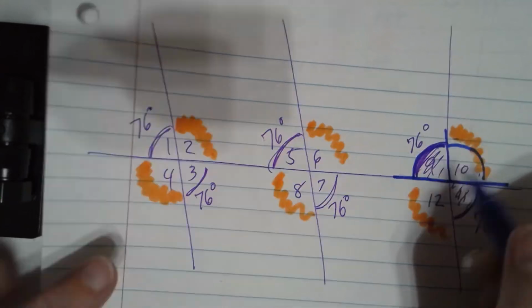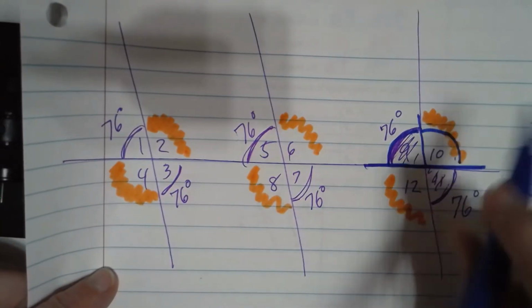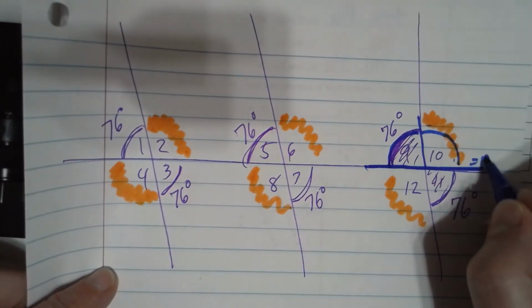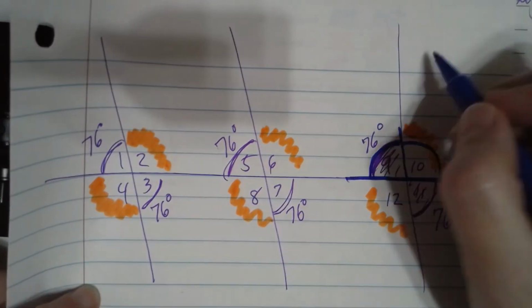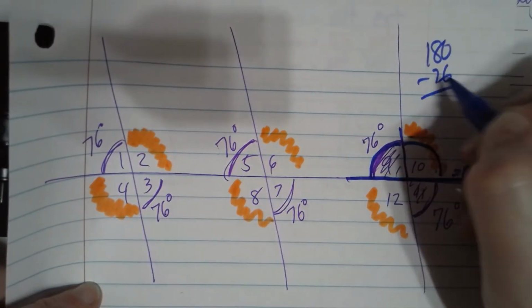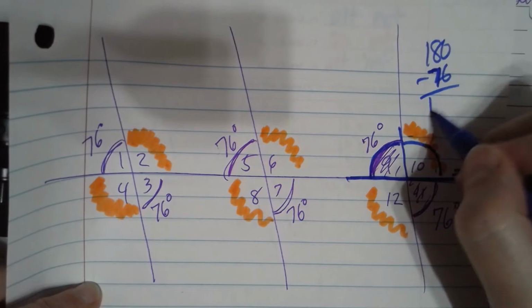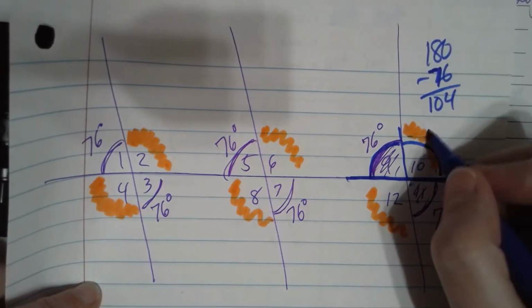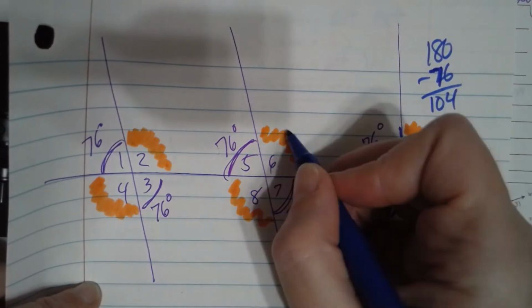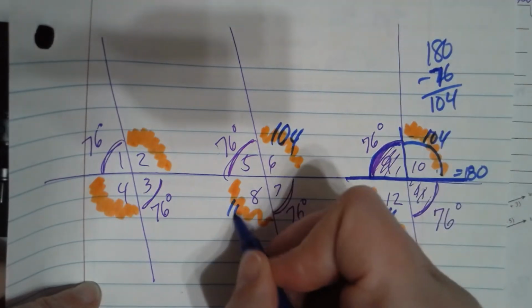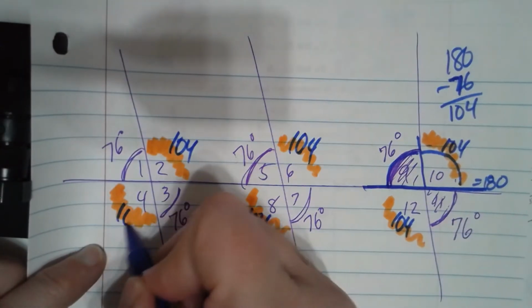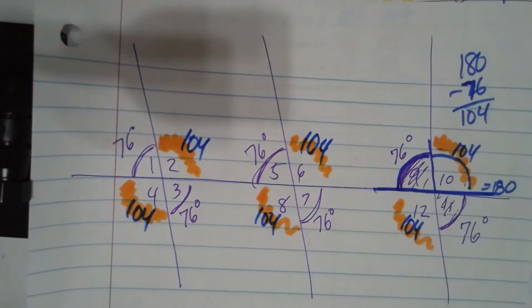What do those two together have to make? This straight line equals 180. So we've already got 76 of our 180. So that's going to leave us with 104. So all of these that I colored in orange are going to be 104. Okay, every single one.